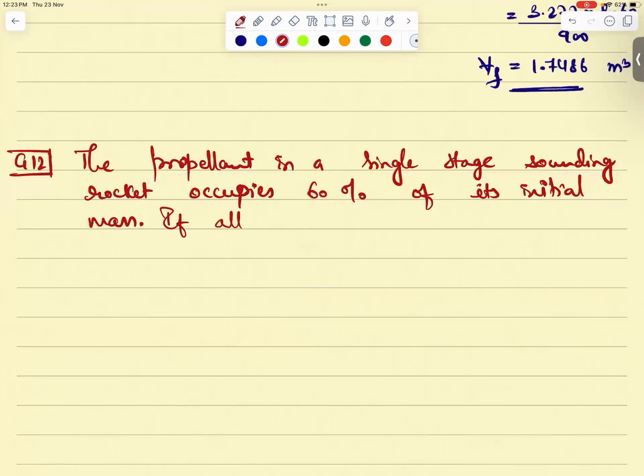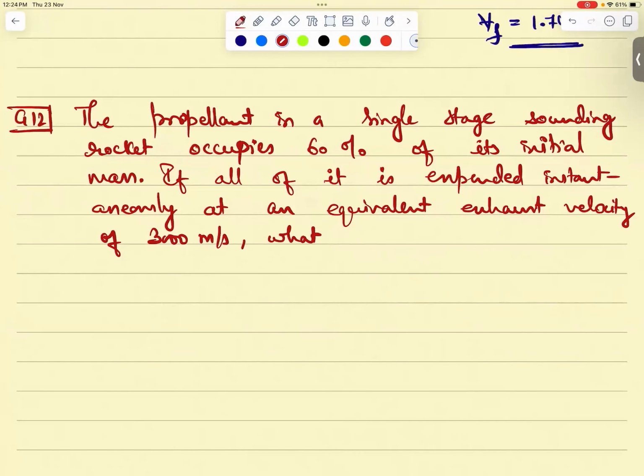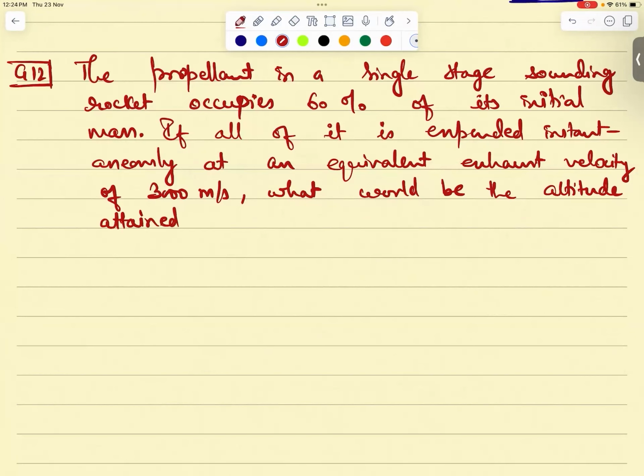If all of it is expended instantaneously at an equivalent exhaust velocity of 3000 meters per second, what would be the altitude attained by the payload when launched vertically?